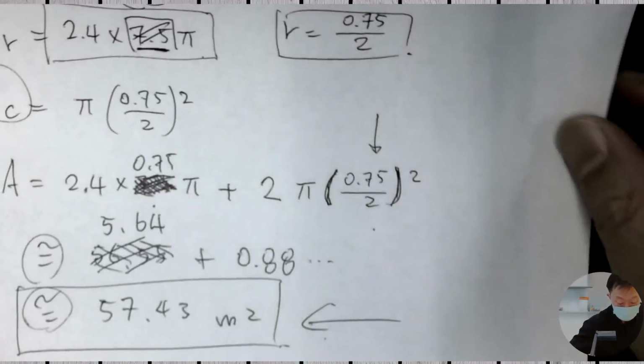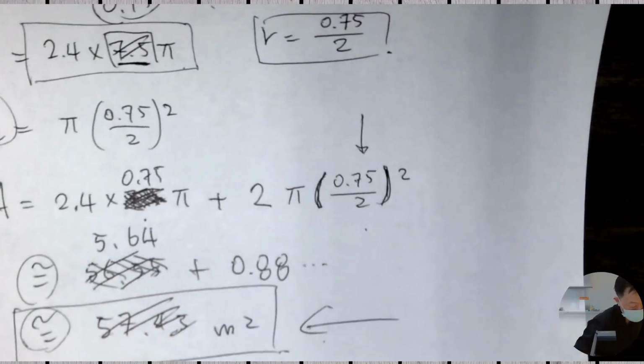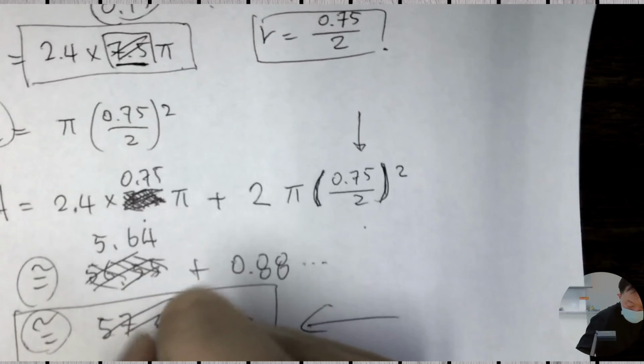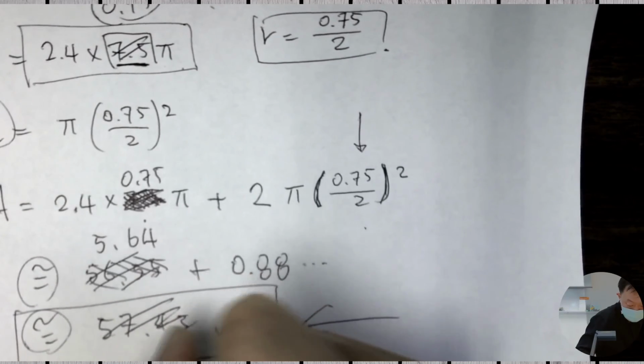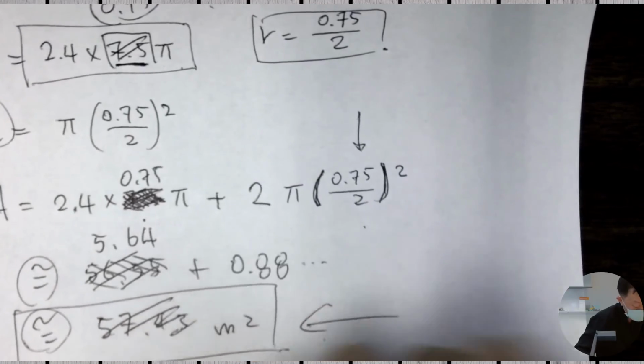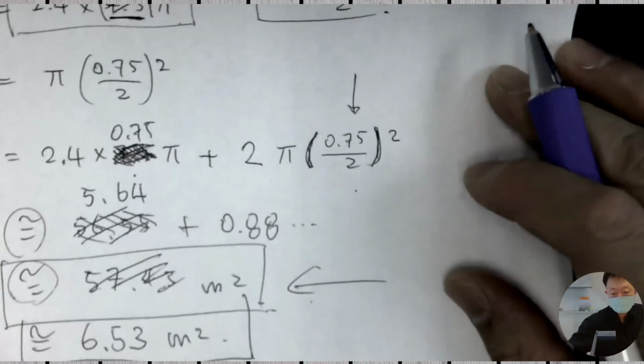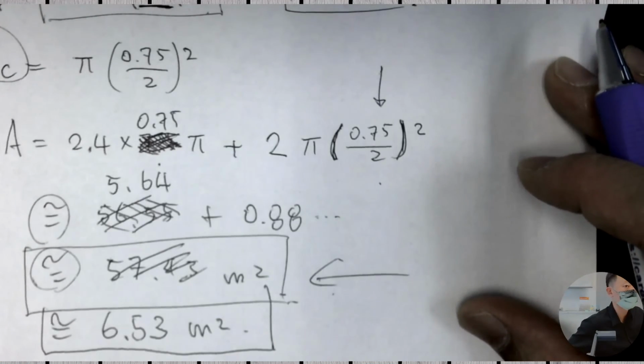So in that case, I can sum these two numbers again, plus 0.88, and I have 6.53 approximately meter square. Okay, so there you go.